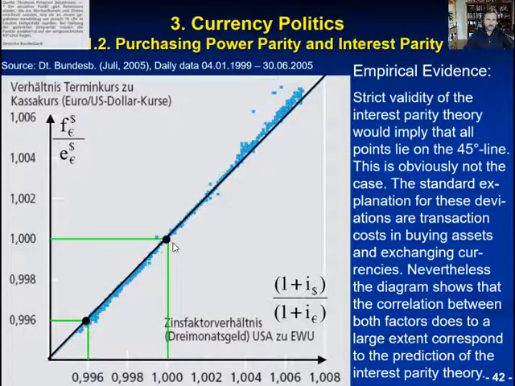The small deviations around here or here can be explained by the existence of comparatively small transaction costs like bank fees and brokerage. Stronger deviations are quite seldom to observe.